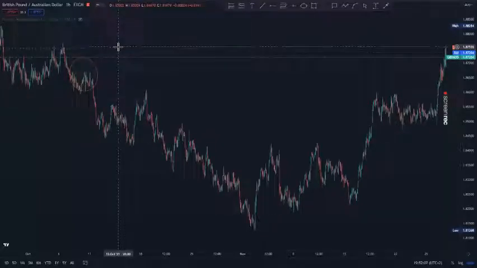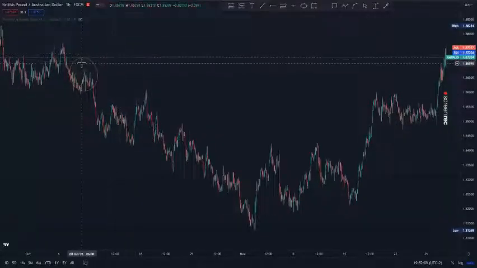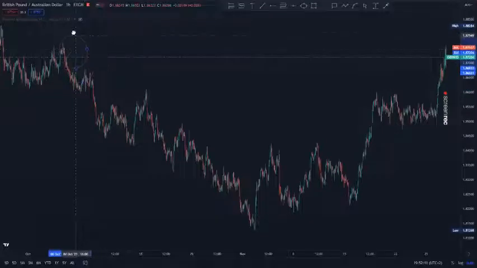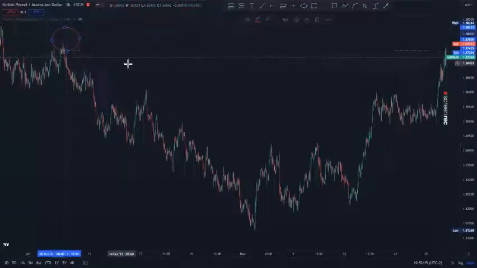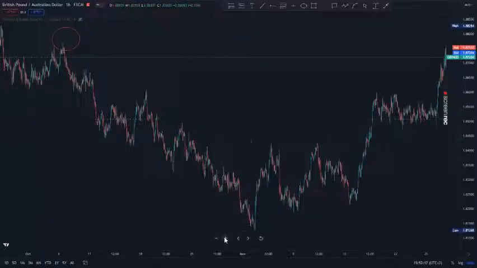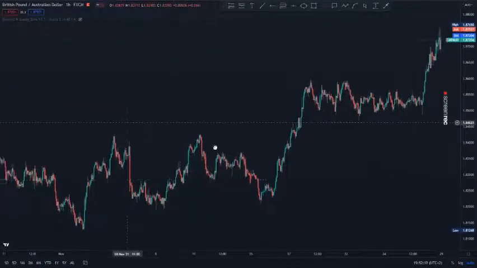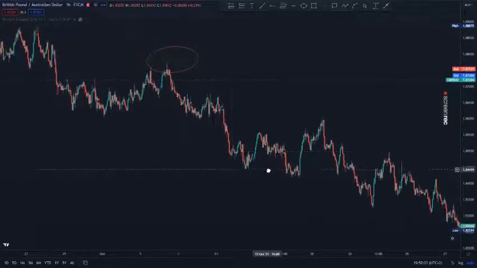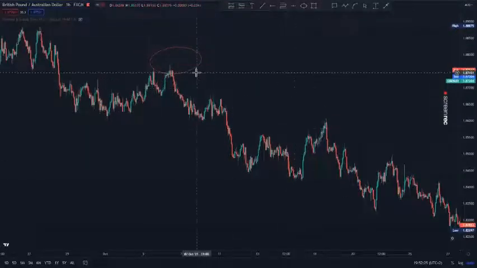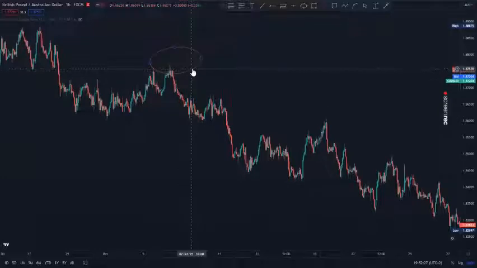I think I'm looking at the right thing. Okay, so focus where I'm putting that circle there. It was actually this. So what happened here? Let me delete that.